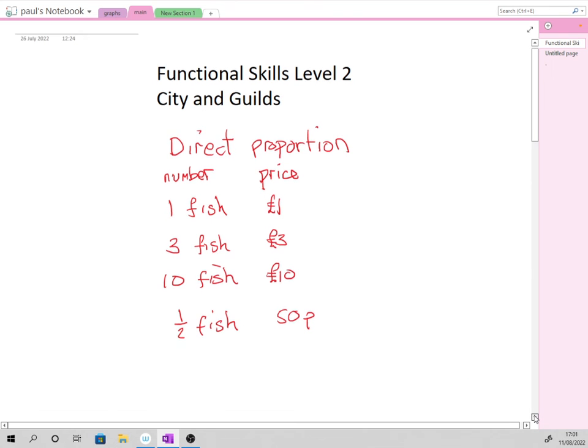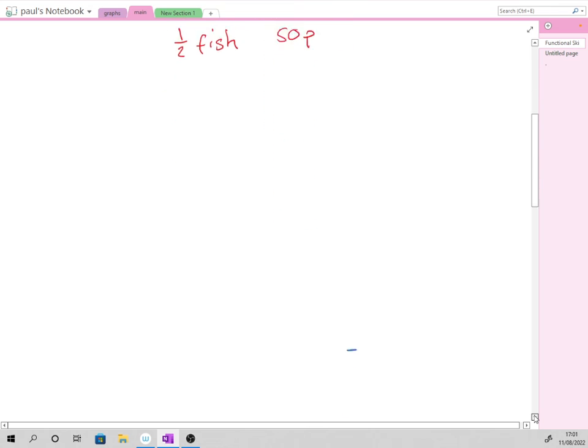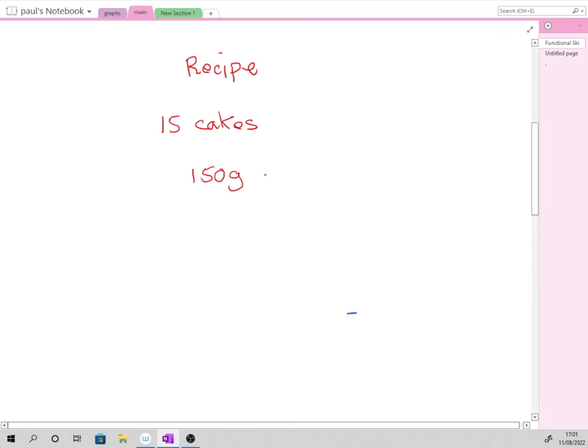And the usual way that they present these things in functional skills is with recipes. Recipe, yeah. And say you've got a recipe for, I don't know, 15 cakes. So for the recipe, you will need, I don't know, 150 grams of flour, 5 eggs, and 90 grams of margarine.